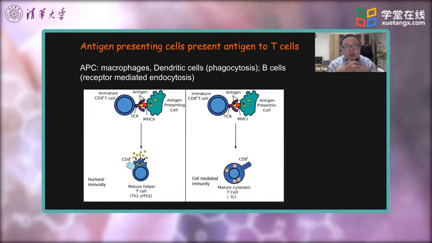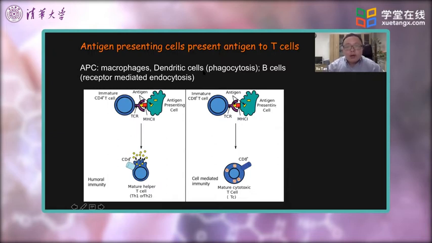Here, I want to show you how this antigen recognition works. Basically, in humans, there are cells such as macrophages, as well as so-called dendritic cells. These are phagocytic cells.